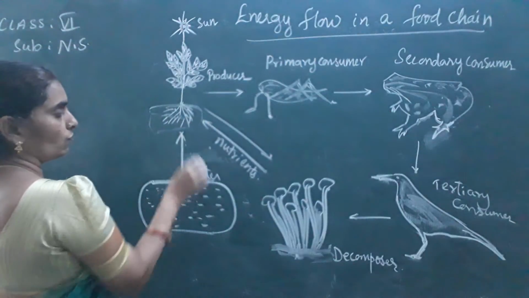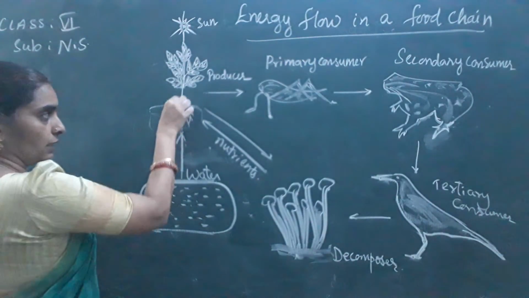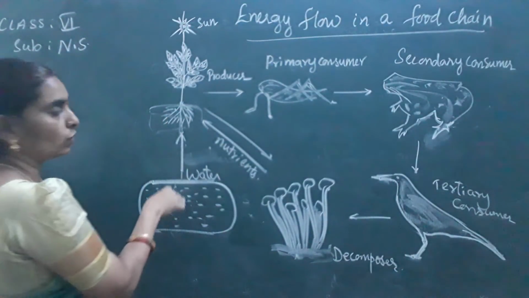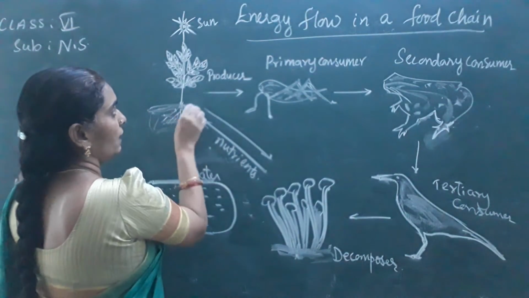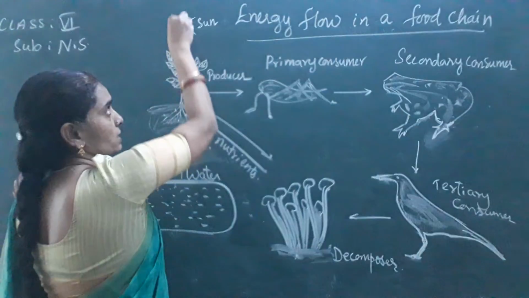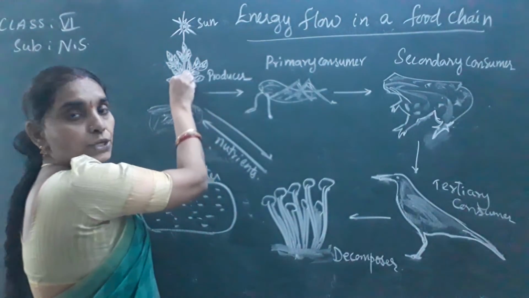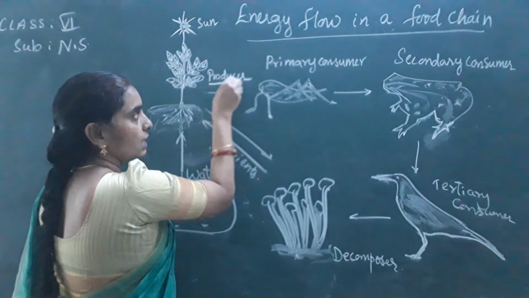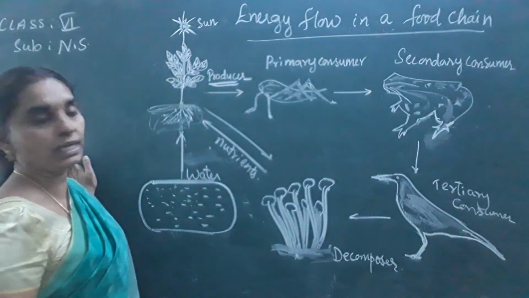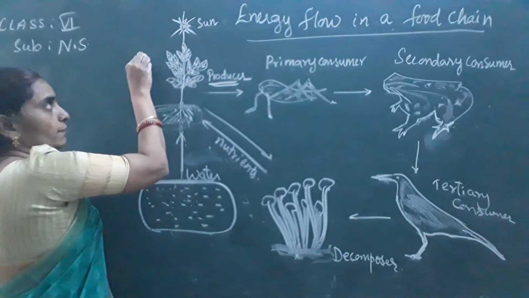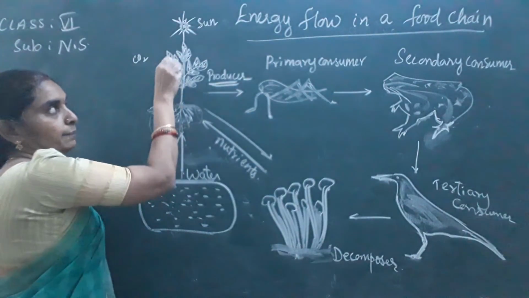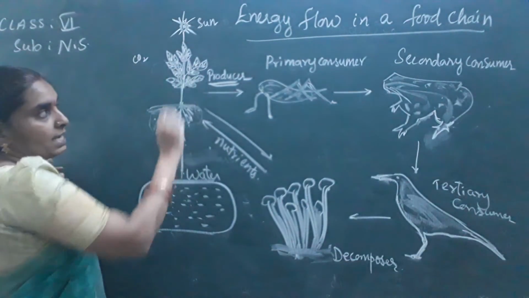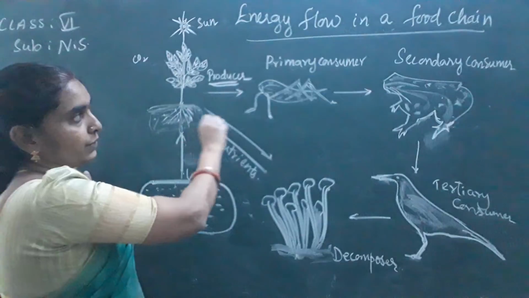So this is the groundwater. The roots move through the groundwater and take the water and the mineral salts from the soil, and with solar energy it prepares the food, and hence it is called a producer. It takes the carbon dioxide from the air, water and mineral salts from the soil and prepares its food through the leaves. So it is a producer.